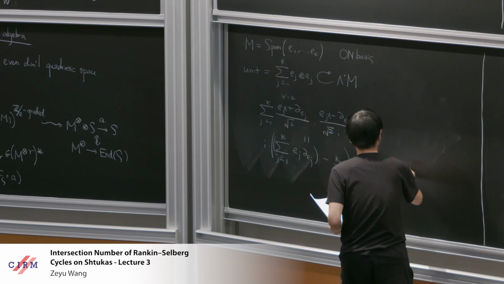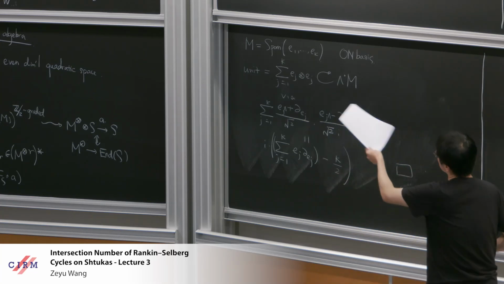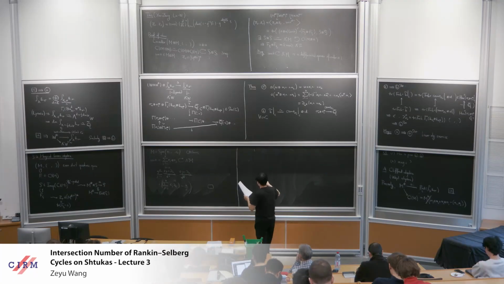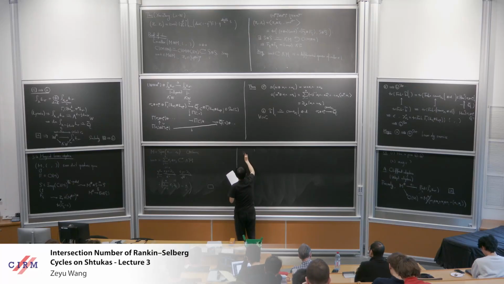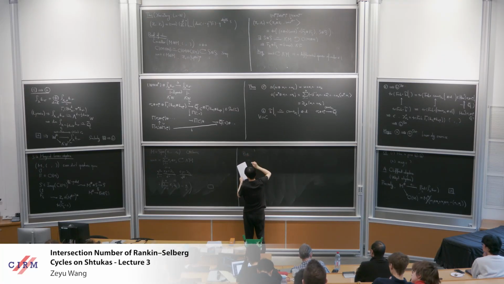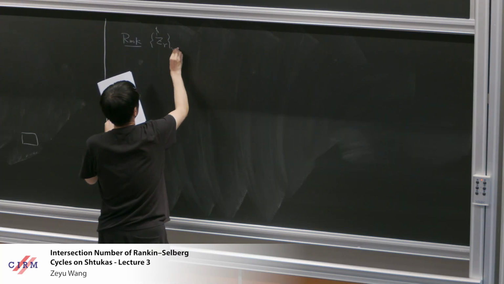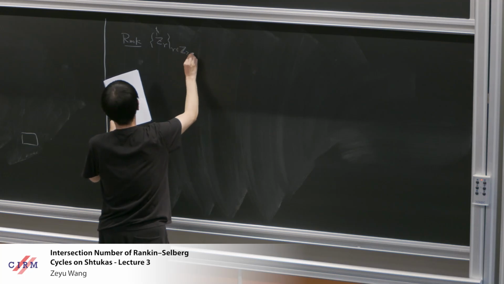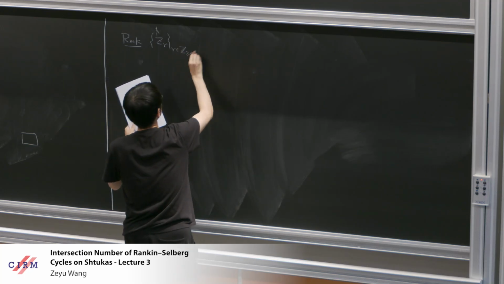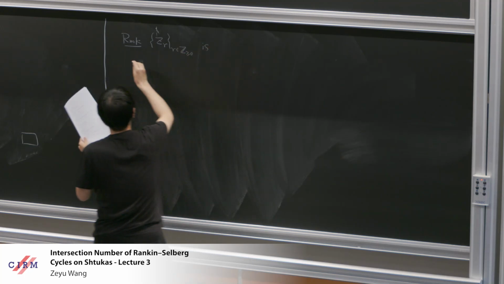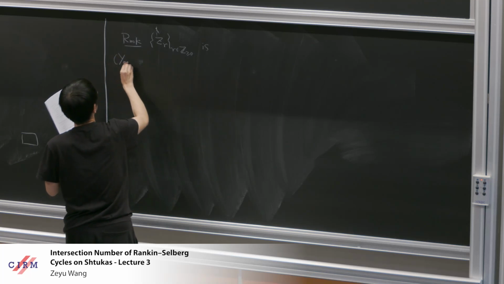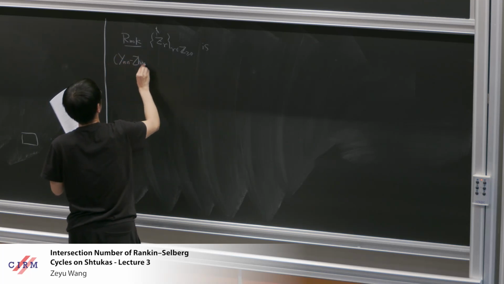Okay, so this finishes the proof of the linear algebra stuff, and I still want to make some remarks about it. I think this sequence of elements Z_r is actually very interesting. It was first discovered by Yun Zhang, and everything in this remark is due to Yun Zhang.